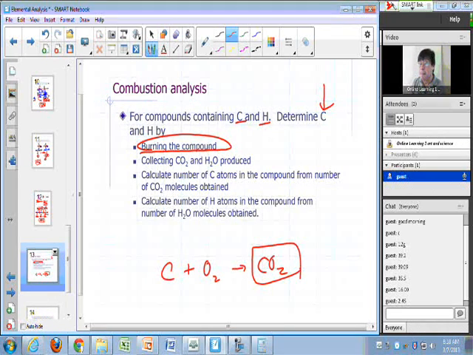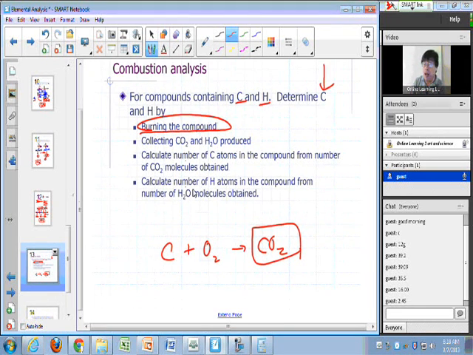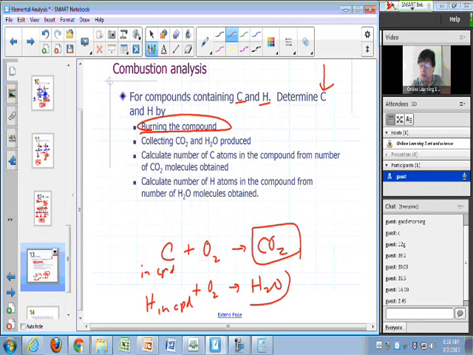Every hydrogen in your compound ends up being water. The hydrogen combines with any oxygen already in the compound and with the oxygen from the air, and gives you water. So based on the amount of carbon dioxide and water produced, you can calculate how much carbon and hydrogen was in your sample.